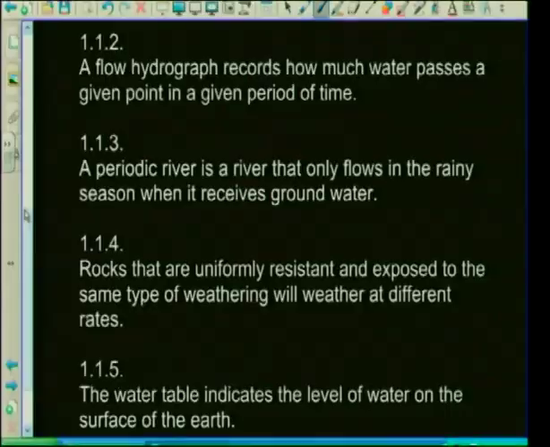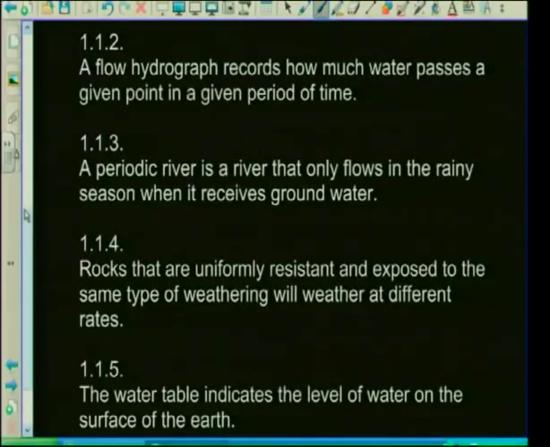Our second question is a flow hydrograph. Now, previously in terms of the work that we studied, we didn't really look at flow hydrographs, but that comes a lot later on in a second additional session, but essentially when they refer to a flow hydrograph, we're looking at a graph that records the discharge of water within a river.